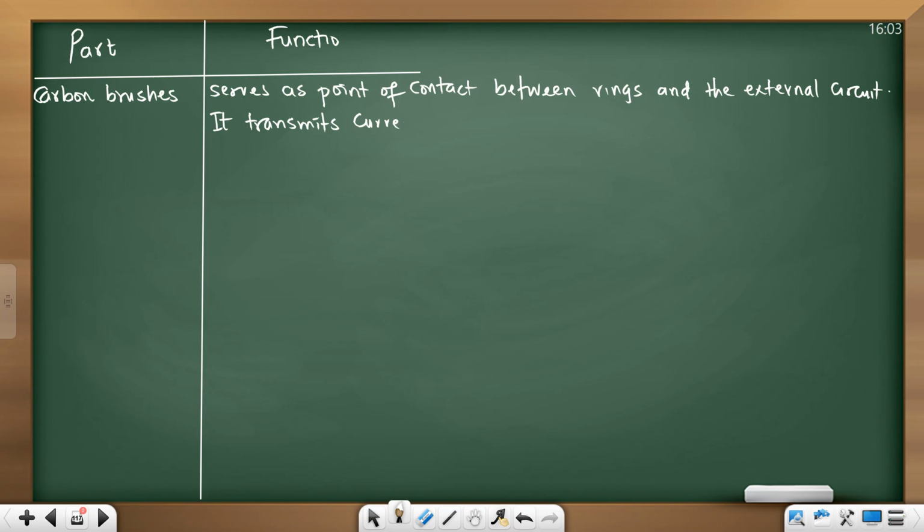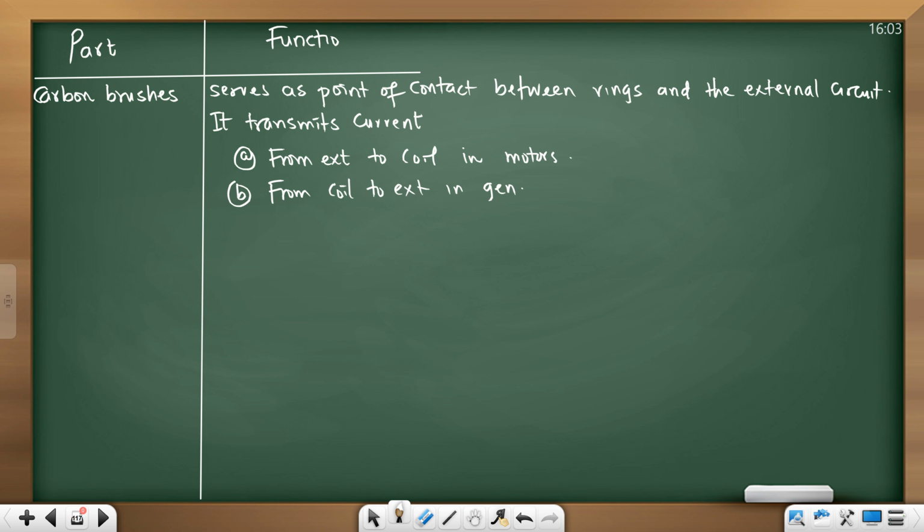I want you to see the difference in roles. It transmits current, A, from external to coil in motors, in B, from coil to external in generators.